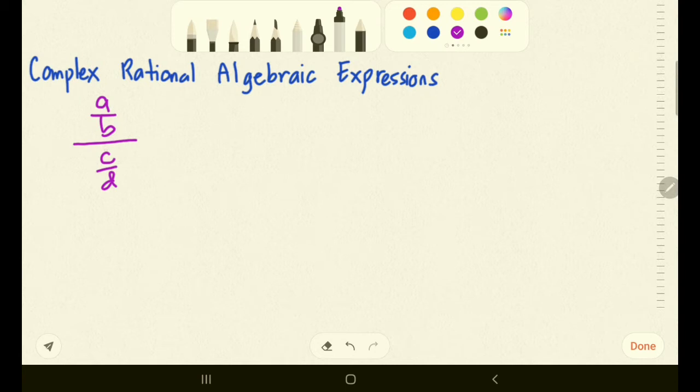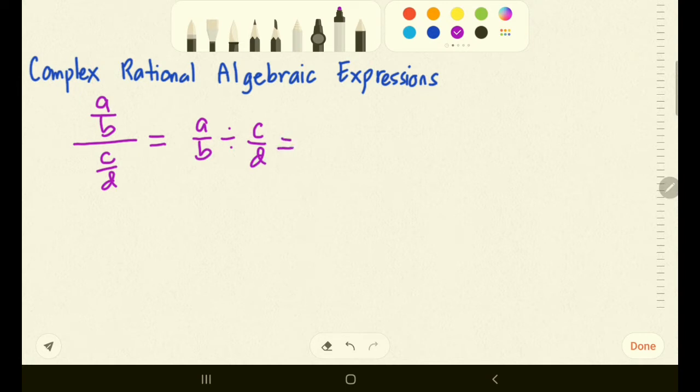What you are going to do with this is simplify it into a simpler rational algebra expression. So this becomes a over b expressed in division form, divided by, since that bigger or longer horizontal line means division, c over d.